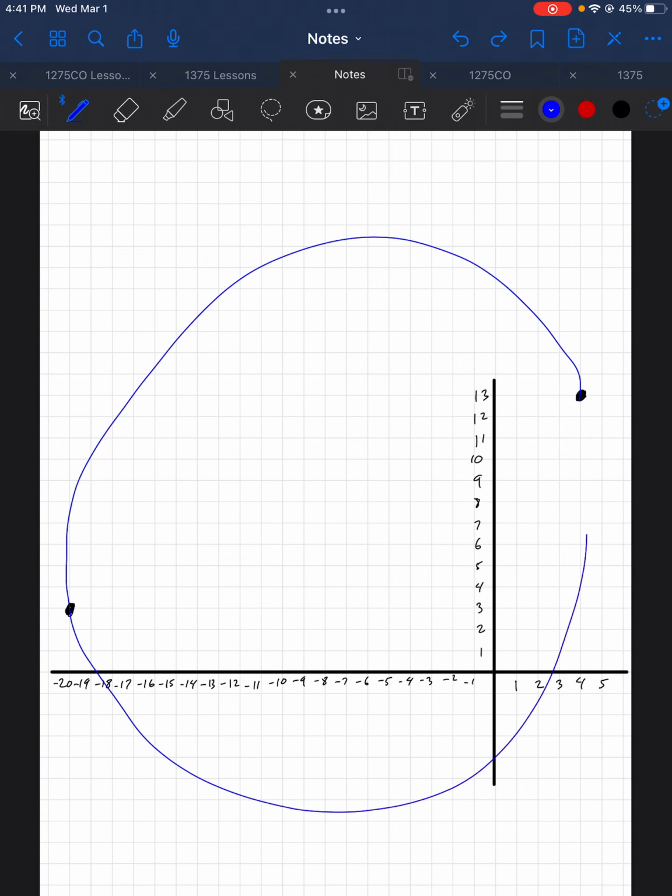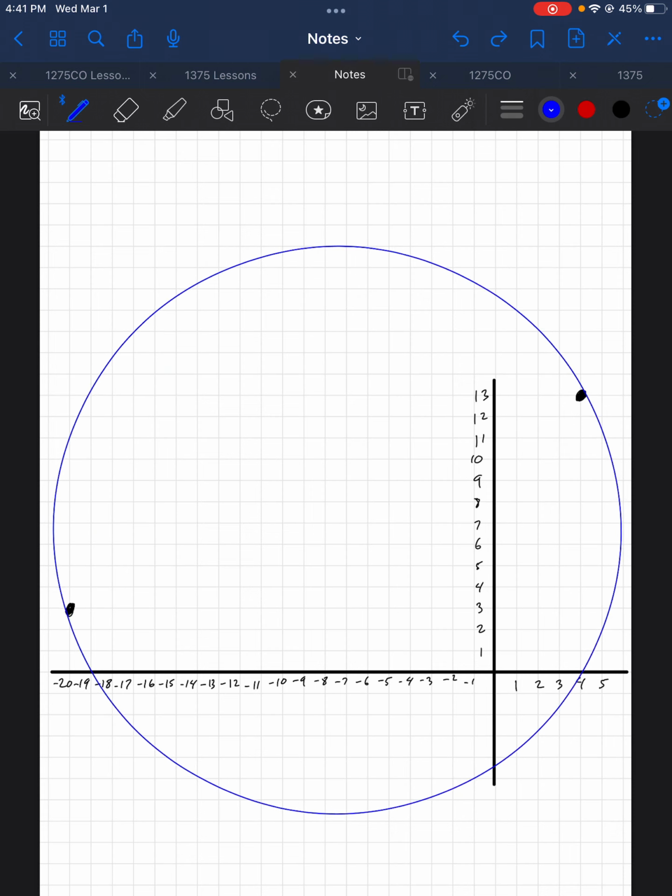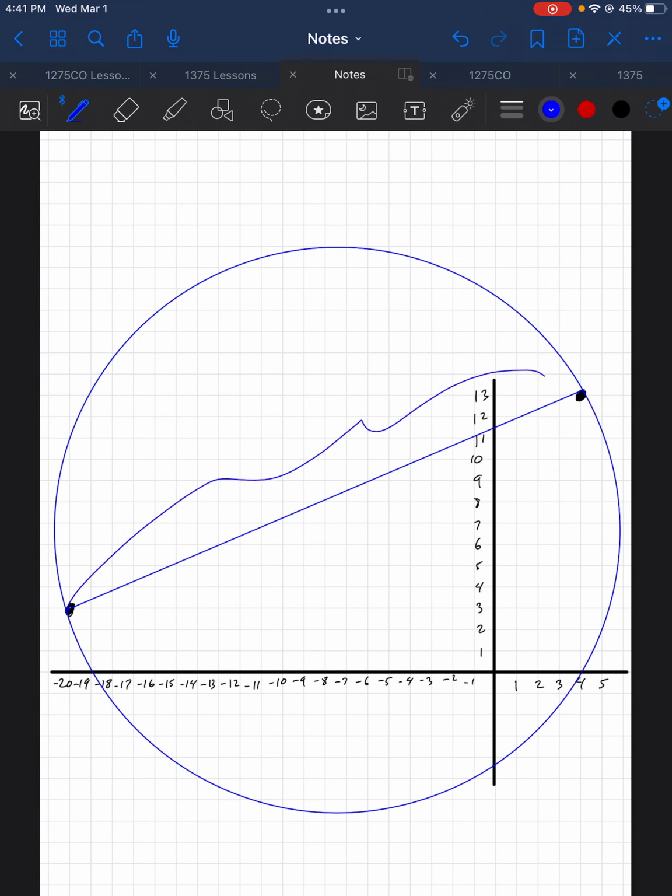And we're being told that these 2 points actually form the diameter of a circle. That means right in the middle of this line is the center of the circle. That means the distance of half of this is the radius of the circle.